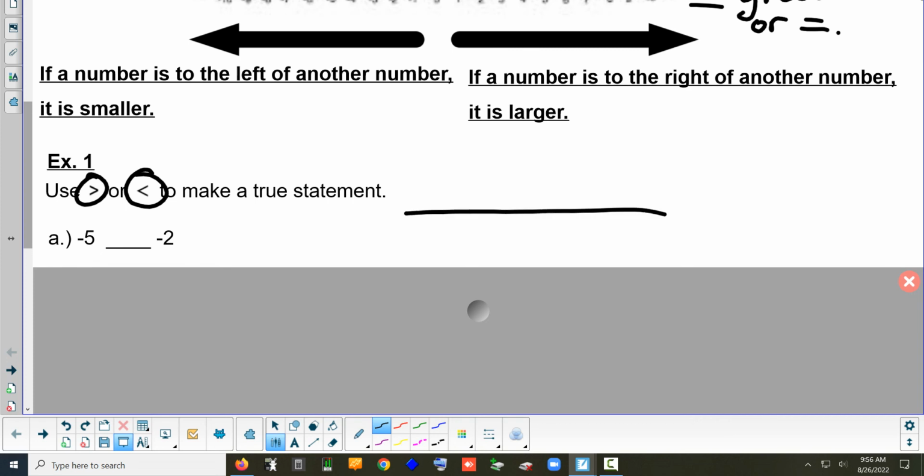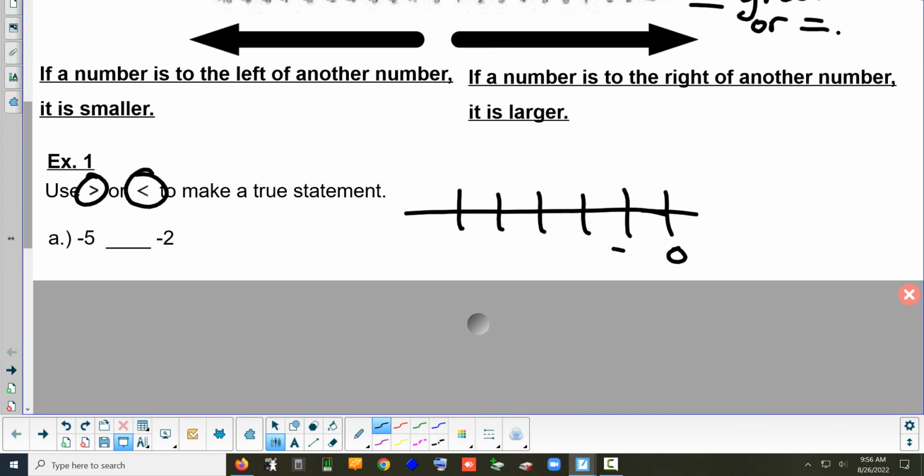And if you're not sure, think of a number line. Put 0 here, then -1, 2, 3, 4, 5. Imagine where these would be. -5 would be over here. -2 would be over there. And remember what we said: if a number is to the left, it's smaller. So is -5 greater than -2 or less than?